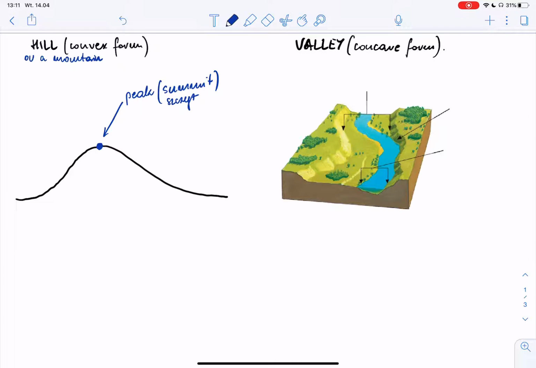Then we have one of the highest parts, but not the peak only, which is called the top. Wierzchołek.